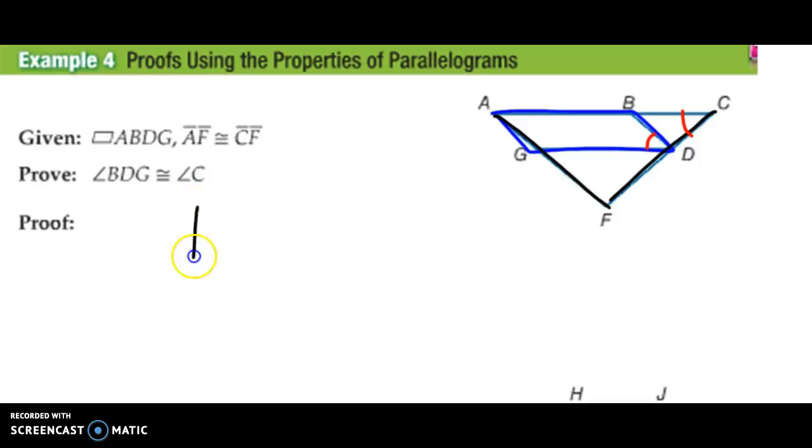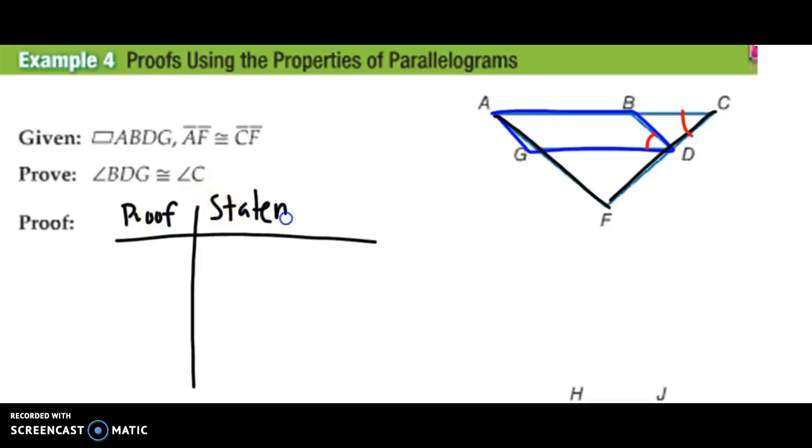All right, so we're going to make our proof. Okay, I'll make a two-column proof. Proof, statement. Okay, well, first, we know that parallelogram ABDG.